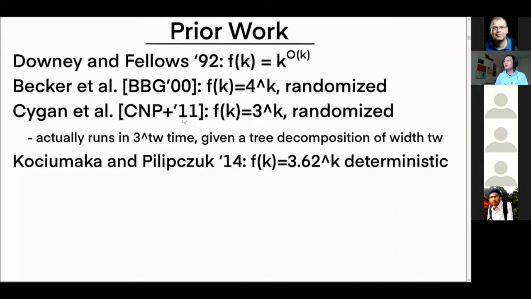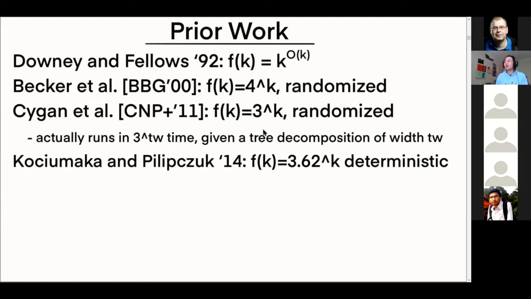In 2011, Cygan et al. gave a randomized algorithm that was 3 to the k, based on the now well-known cut-and-count method. Their algorithm actually runs in time 3 to the treewidth of the graph. In this talk, we won't go over formally what treewidth means, but it's a parameter that allows us to do dynamic programming on the graph and is very well suited for FPT algorithms.